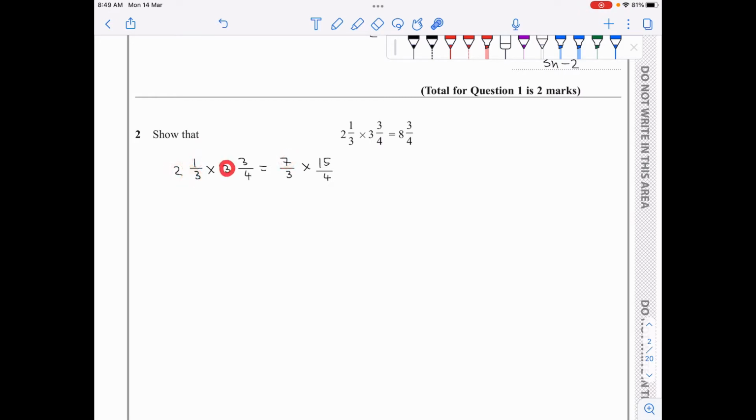And then 3 times 4, 12, plus 3, it's 15. Now I can do some simplifications here. The 3 with the 15 leaves me a 5 in the numerator. And then I do numerator with numerator. 7 times 5 is 35 over the denominator of 4, which I need to take back to a mixed number form, which is 8 3/4.